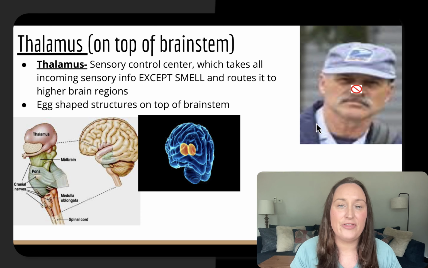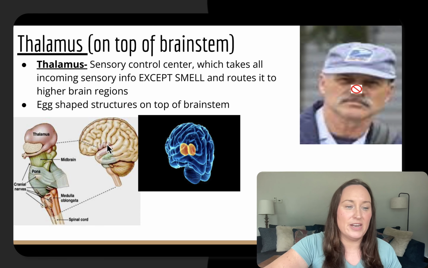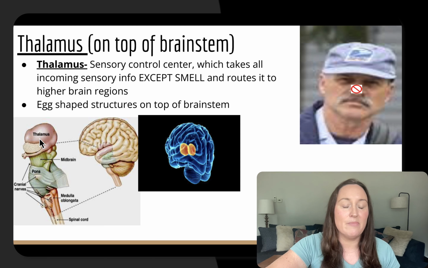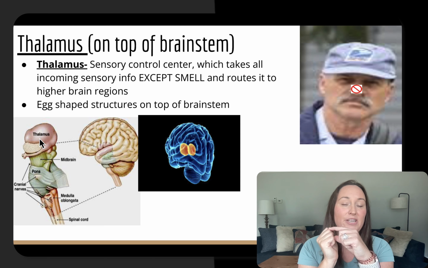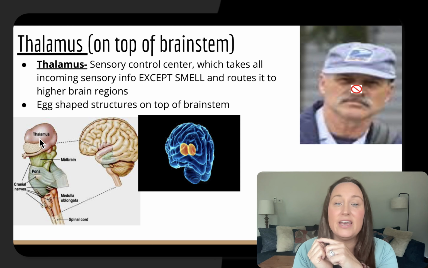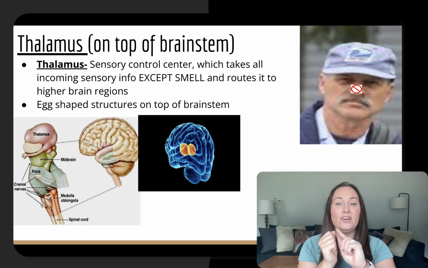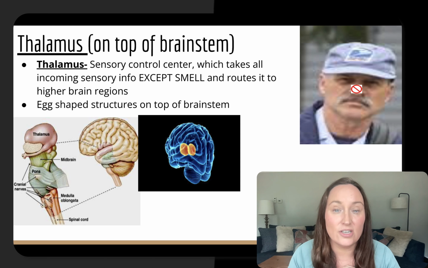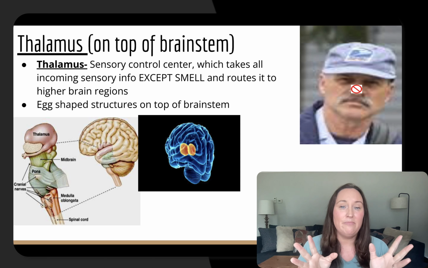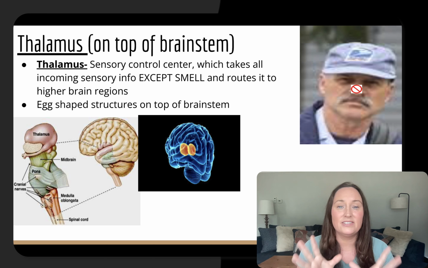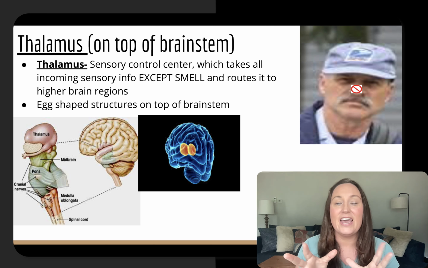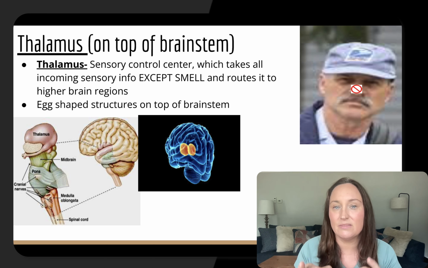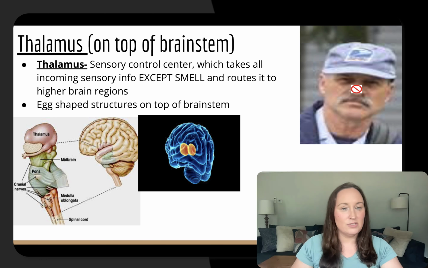Next, we have Thad the mailman. So Thad the mailman, again, is on top of the brainstem. He's getting that sensory information. He is a mailman. He is just going to deliver the info where it needs to go. So Thad the mailman is delivering all sensory information except for smell. He does not do smells.